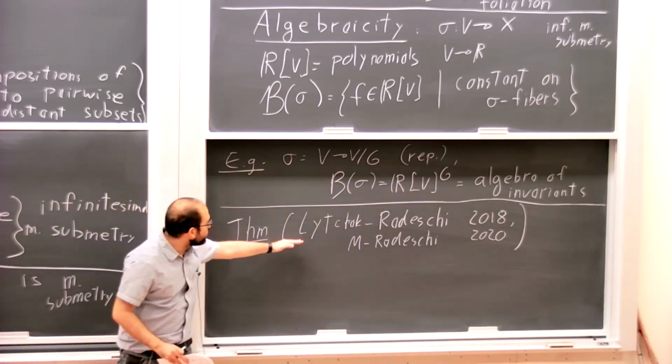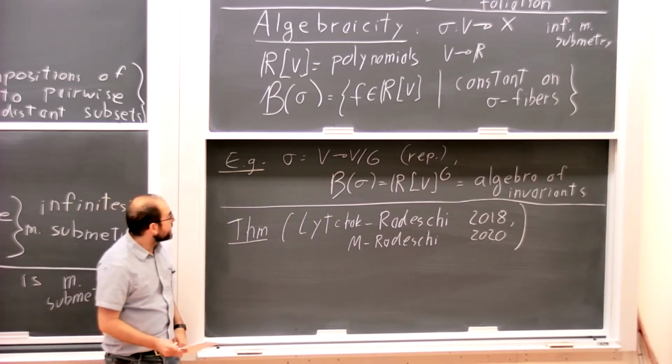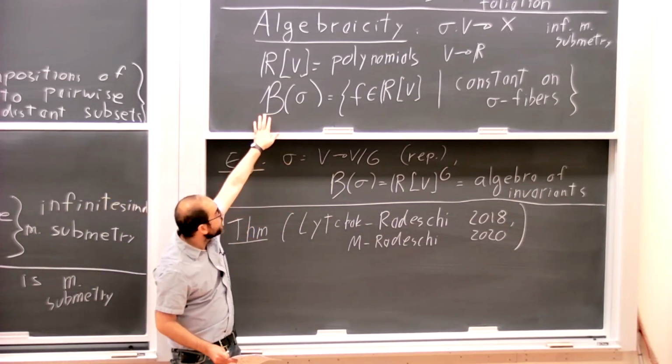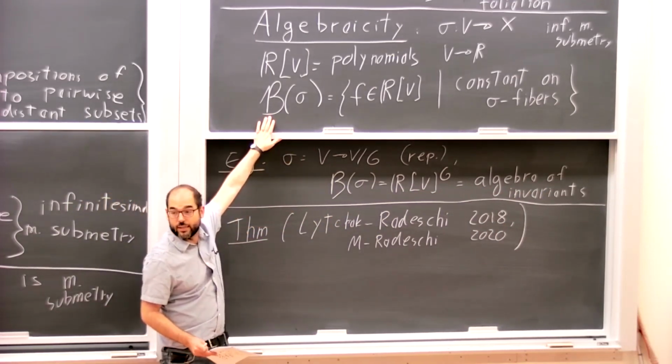It says that this algebra of basic polynomials completely determines sigma.